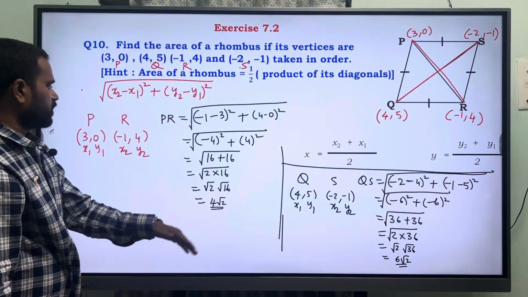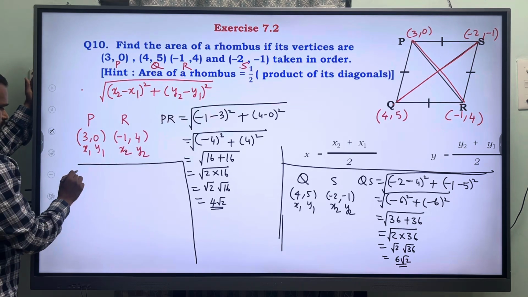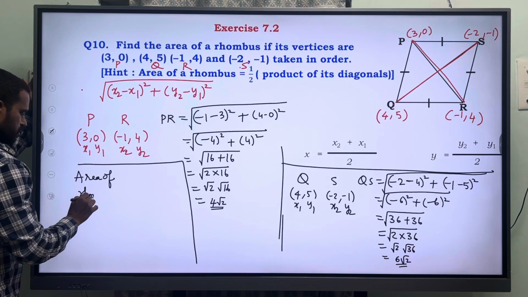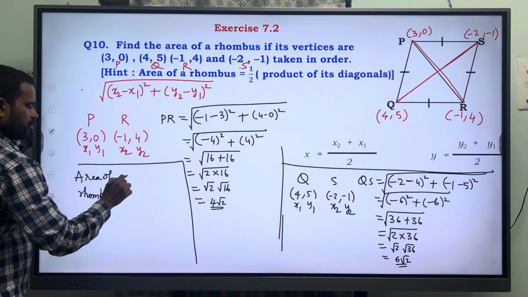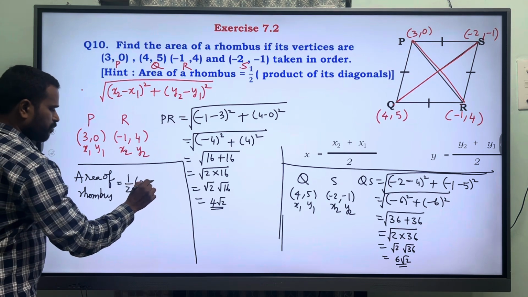Okay, now I got the diagonals. Now what is the area of the rhombus? Area of rhombus is equal to half of the product of its diagonals.